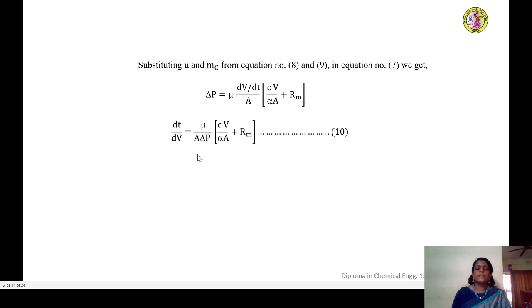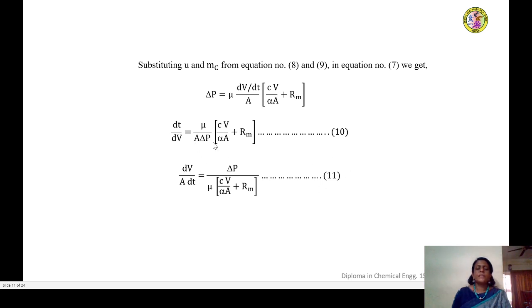So we can rearrange this equation to write dt by dV is equal to mu by A delta P, so into CV by alpha A plus Rm.